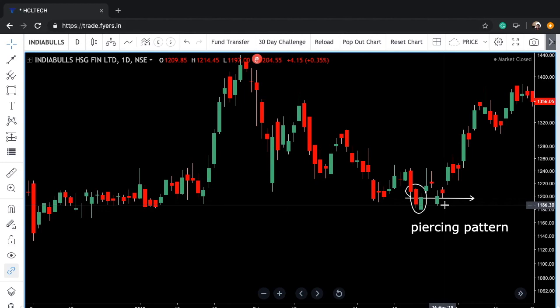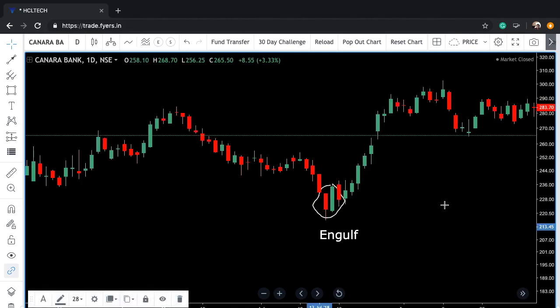I hope you understand the difference between the engulfing and piercing. Engulfing very clearly makes it a point that the candle is completely covered by its body, so the red body is covered by the green body, while on a piercing pattern you will only see it closing 50% above the previous candle, and it becomes a very strong reversal level.